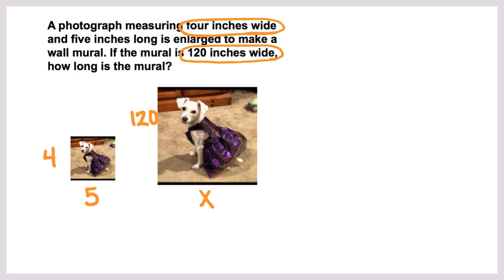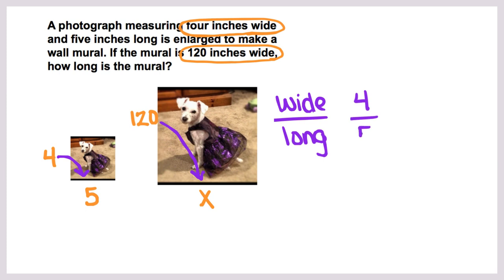So just like the shadow pictures, we've set ourselves up so we can just put the width over the length. So how wide it is over how long it is. And on the picture, 4 wide, 5 long. On the mural, 120 wide, and we're looking for how long it is.